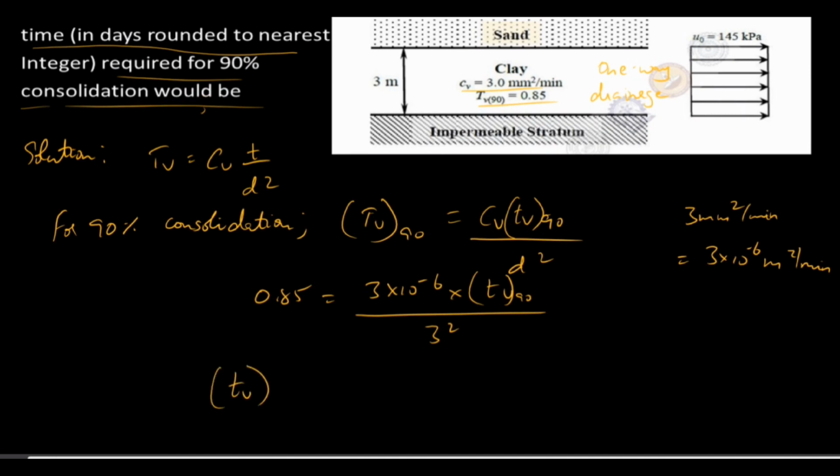So time required for 90% consolidation will be equal to 0.85 into 9 divided by 3 into 10 to the power minus 6 minutes.